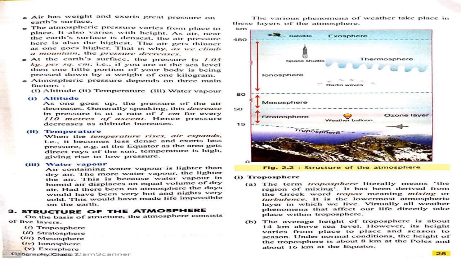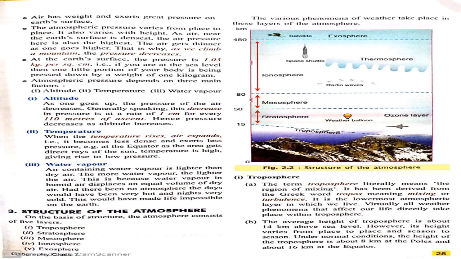That is what you have to keep in mind about altitude, that as we go up, the pressure of the air decreases. Then the second one, that is temperature. When the temperature rises, air expands, that is, it becomes less dense and exerts less pressure.